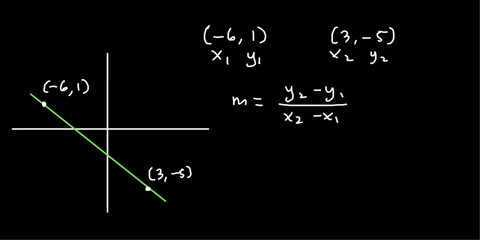And you don't get this in the formula sheet, by the way, if you're doing National 5 maths. So you have to memorize this for National 5. So that would be -5 minus 1 over 3 minus -6.